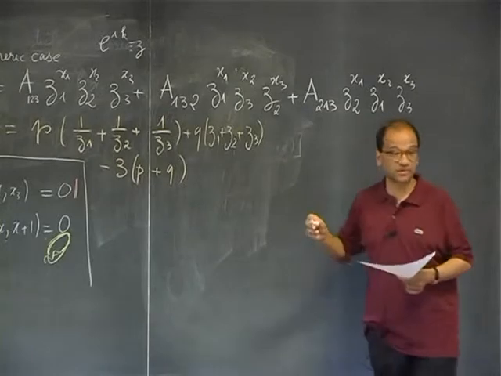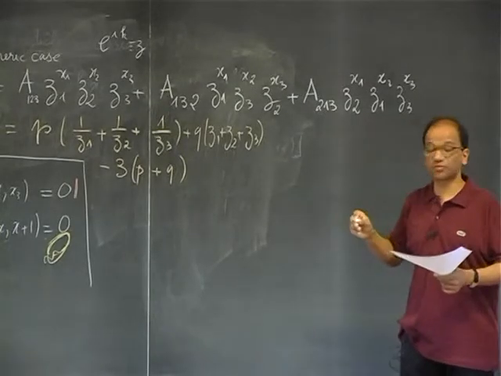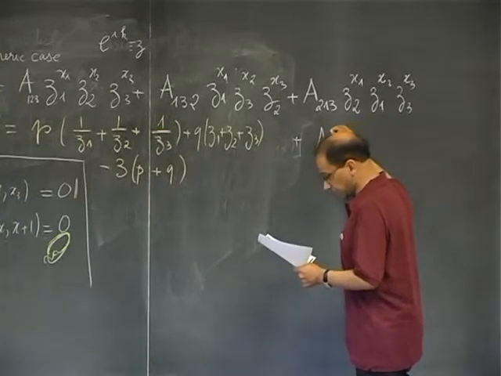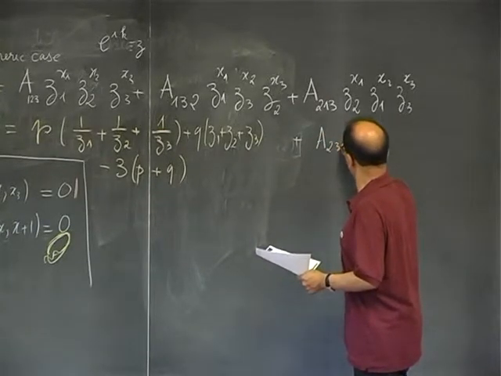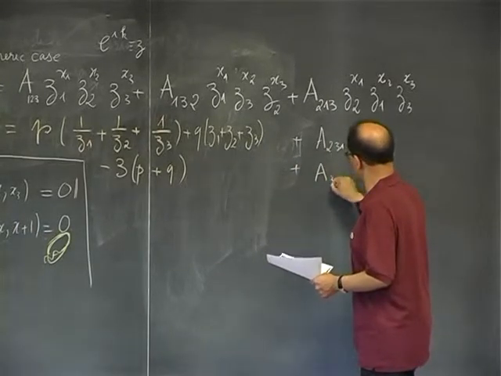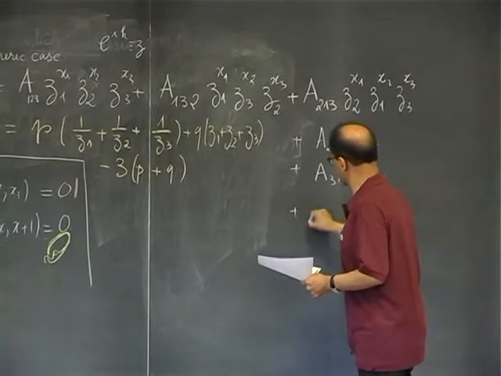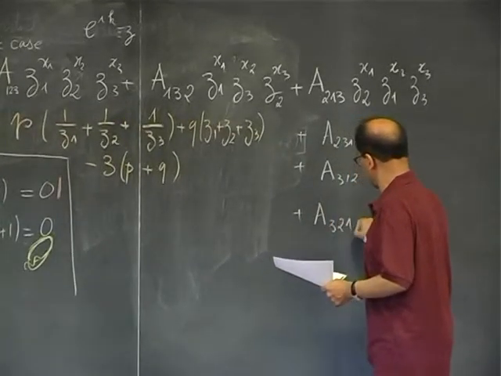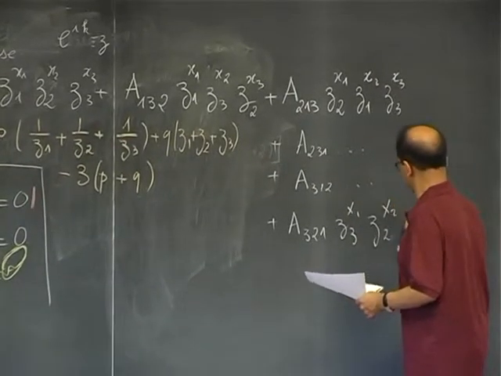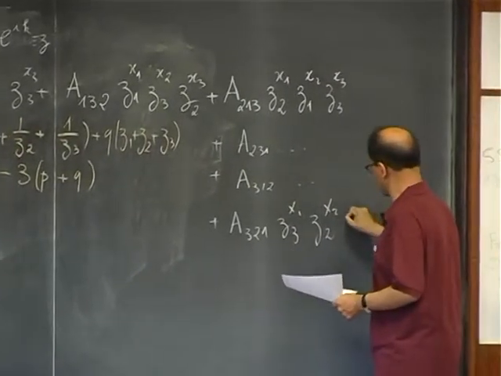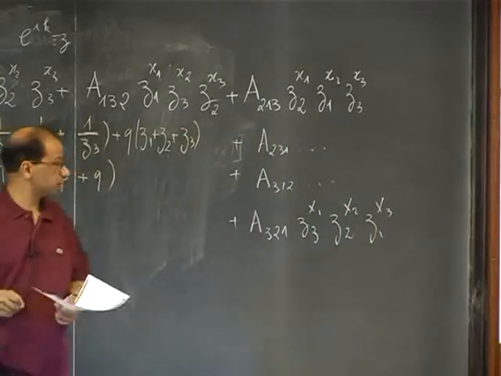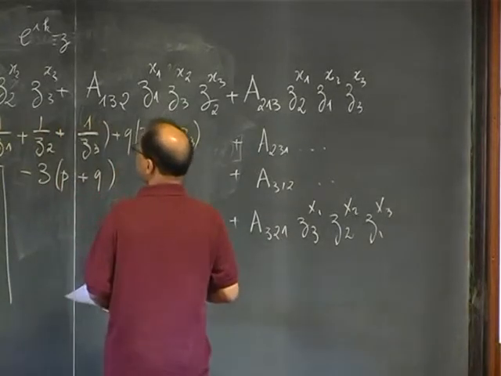You really want me to write the 6 terms, or it's okay? Plus blah, blah, blah. So there would be a term in A231, a term in A312, and the last one, A321, Z3, X1, Z2, X2, and Z1, X3. Just fill the gaps here. There are 6 terms now.